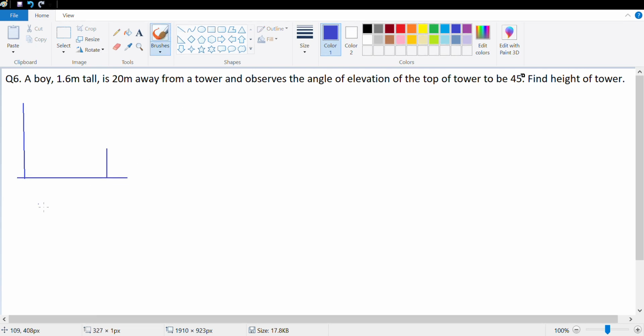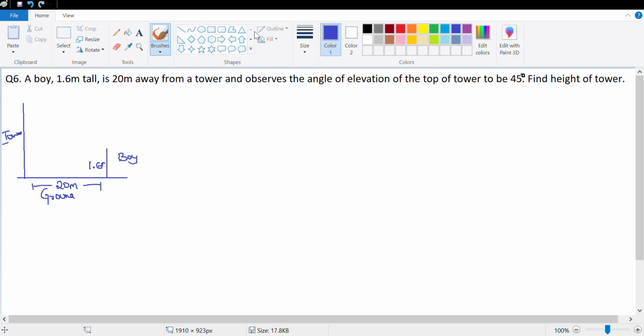This is your ground, this is your tower, and this is your boy. The distance is 20 meter between the tower and the boy, and the height of the boy is 1.6 meter.